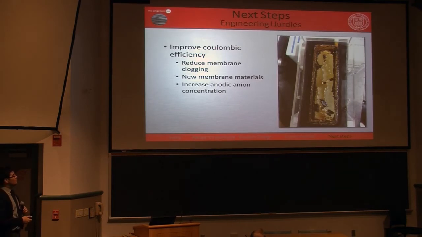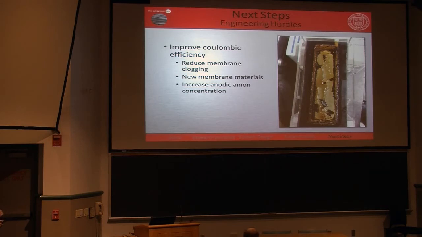Running the system for a while, we've learned a lot about how to improve it for scale up and longer term operation. One thing we were seeing is that the potential poise across the electrodes actually increased over time. After taking the reactors apart a few times, we saw a lot of oil films and biofilms accumulating on the membrane.